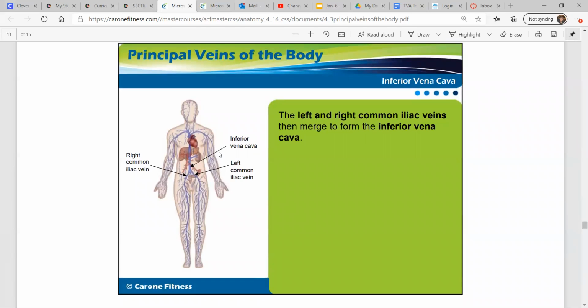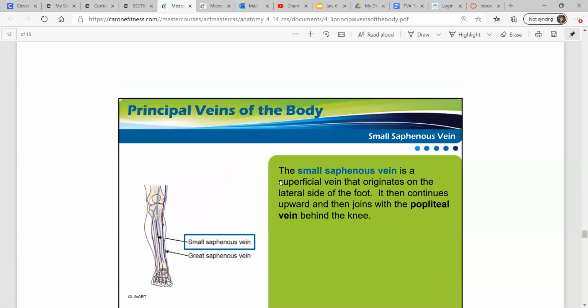The left and right common iliac veins then merge to form the inferior vena cava. The inferior vena cava, the right common iliac vein, and the left common iliac vein are all pictured here. And those join together to form this one, the inferior vena cava, or the IVC. That'll be easier for me to say.